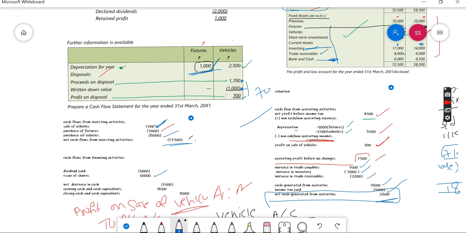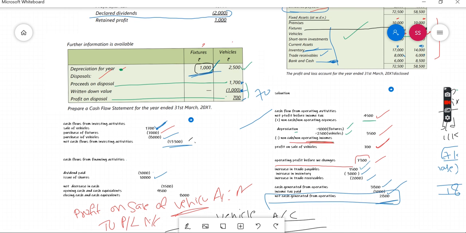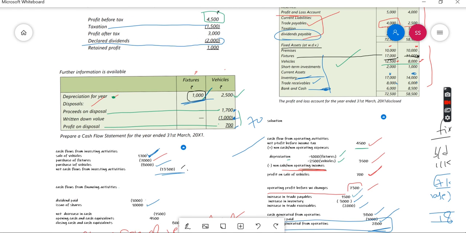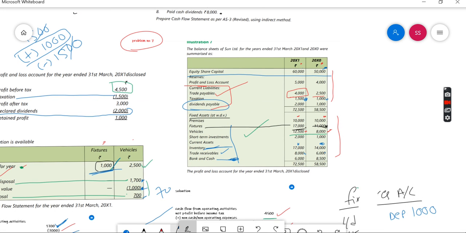So dividend declared, there is here. During the year we declared 2000 dividends, and then there is the dividend payable account. We haven't paid this 2000, we just declared it, right? So that we have a dividend payable account which shows 1000 rupees was the opening balance, and then 2000 rupees was the closing balance, right?